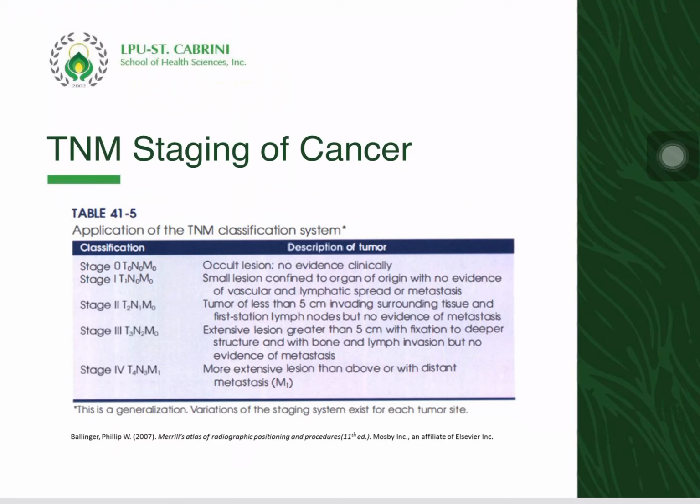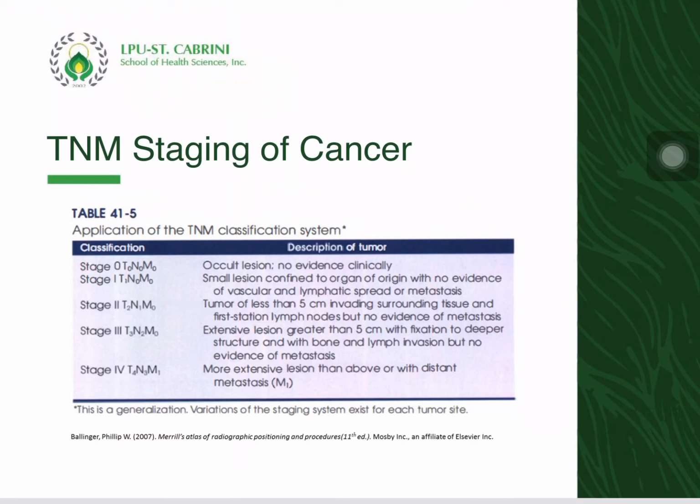Yung tumor, maliit siya sa 5 centimeters. But there is a spreading or the surrounding tissue and the first station lymph nodes. Medyo kumalat na siya sa katabing tissue. And meron nang nakaabot sa first station lymph nodes. But again, hindi pa natin masasabi nag-metastasize na siya.